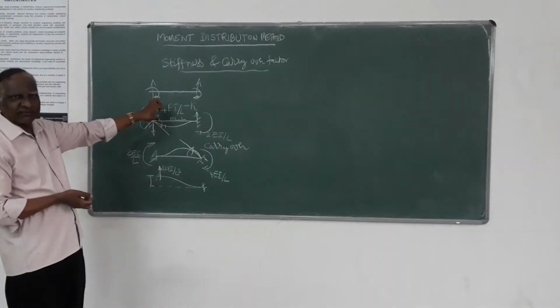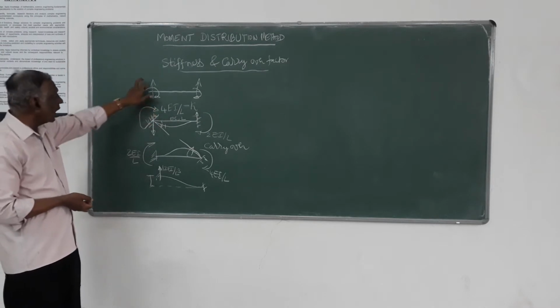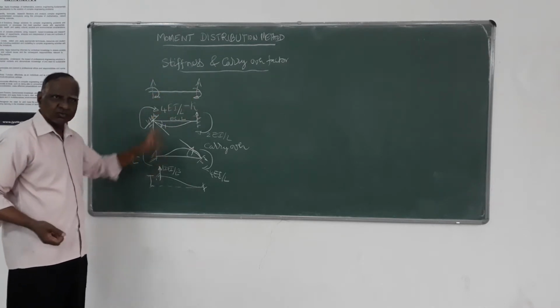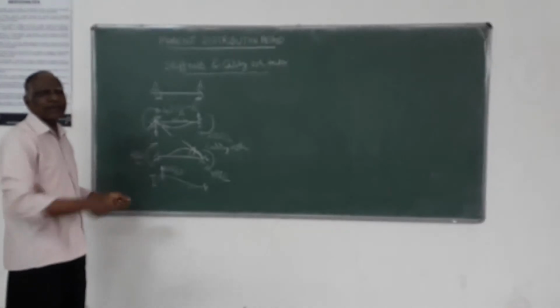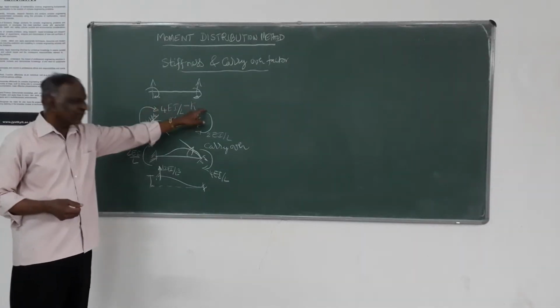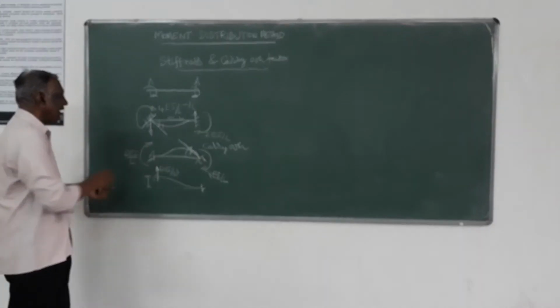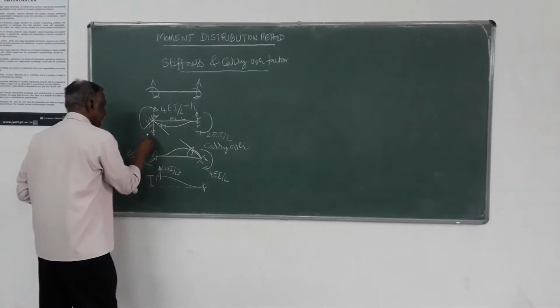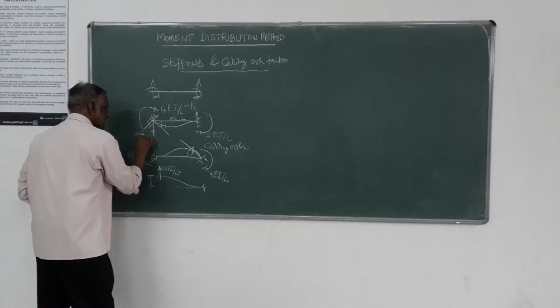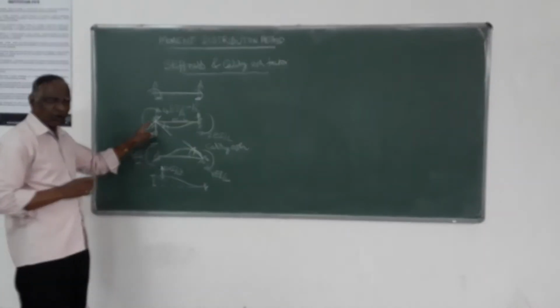The moment you give a unit rotation at one end, all these four forces will come into picture. This value will be 4EI by L, here it will be 2EI by L, and this value will be 6EI by L square. How do you get this?